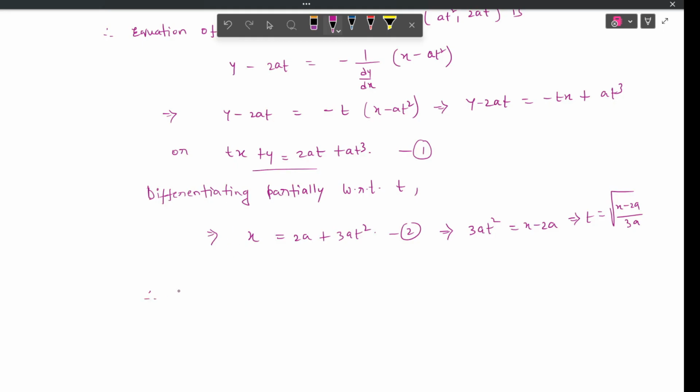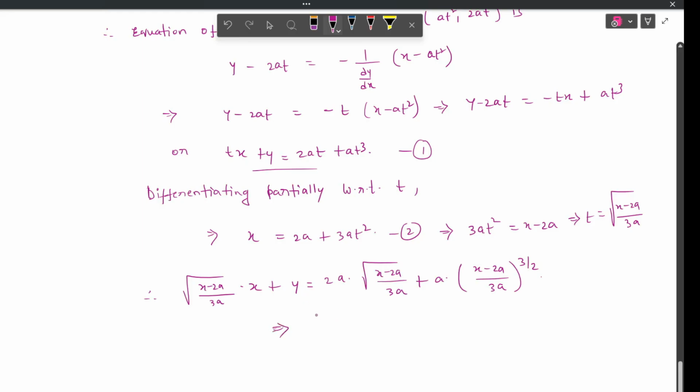So we will get square root of (x minus 2a) by 3a into x plus y equals to 2a into square root of (x minus 2a) by 3a plus a into ((x minus 2a) by 3a) to the power 3 by 2.